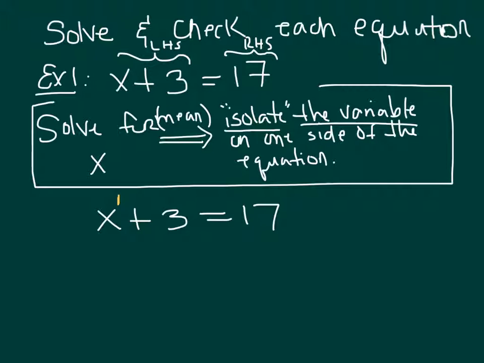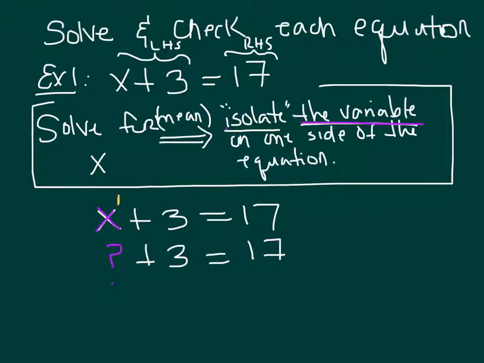In my last one I believe I did it in purple, so let me be consistent here. My variable was purple, so isolate the variable. What number plus 3 equals 17? That's basically what it's asking. What number plus 3 is 17?